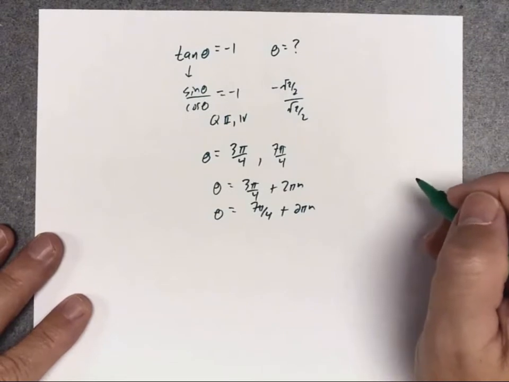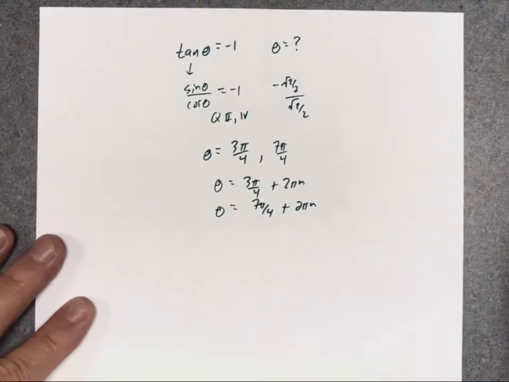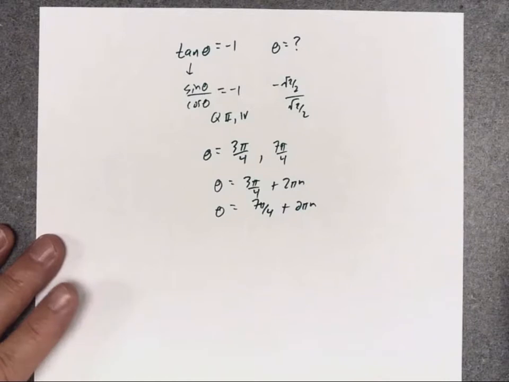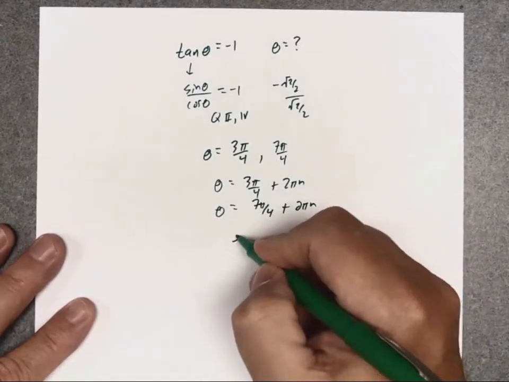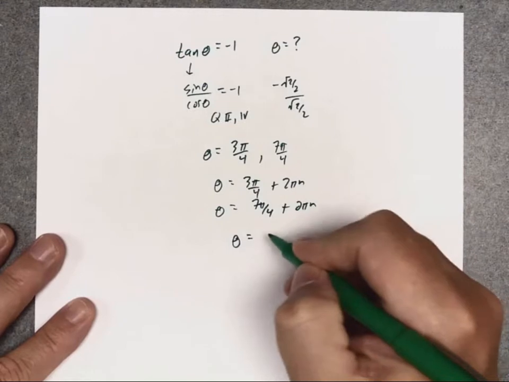I'm not going to take the time to explain that to you. I'm just telling you now, anytime you're solving an equation with a tangent, instead of adding 2 pi over n, you just add pi over n.